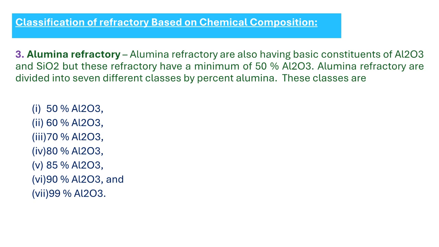Class 1, 50% alumina. Class 2, 60% alumina. Class 3, 70% alumina. Class 4, 80% alumina. Class 5, 85% alumina. Class 6, 90% alumina. Class 7, 99% alumina. Ultra-high purity.